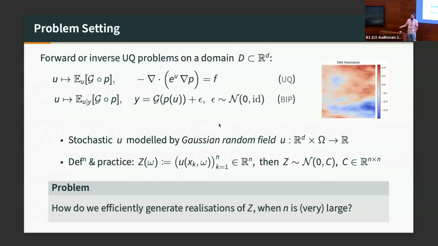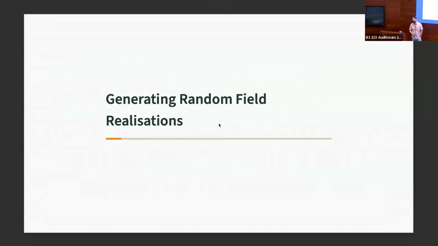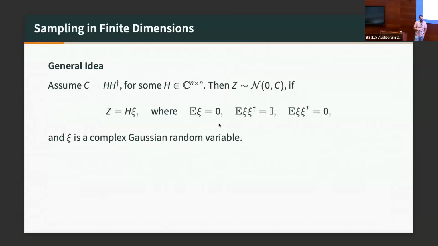So this is obviously a very old topic, but at least I will try to convince you today, it's still not fully solved. So what are ways to generate these random fields? The general idea, and we're not diverging from that, is that you factorize your covariance matrix.